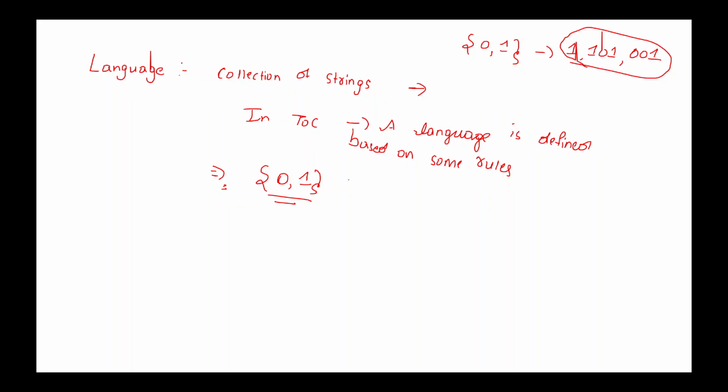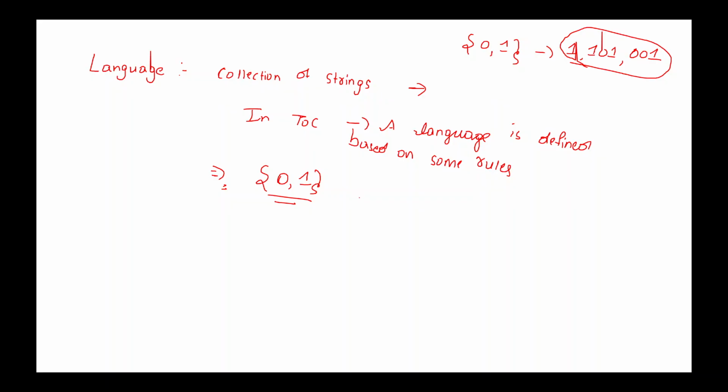As I said, language is a collection of strings. So if I want to create a mathematical model that accepts only strings which end with 1, let's say, whatever combination of strings we are going to accept, that is a language, right? Whatever collection of strings we accept should only have 1 at the ending. So it is a rule. This language is following a rule that my strings should consist of 1 at the ending.